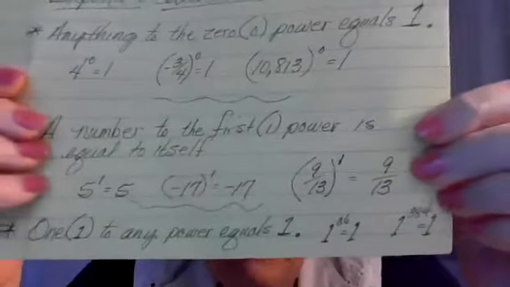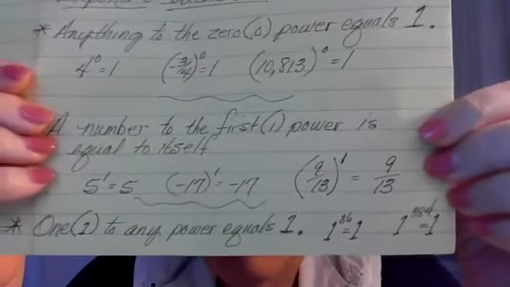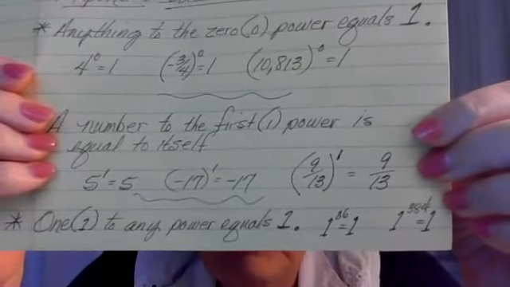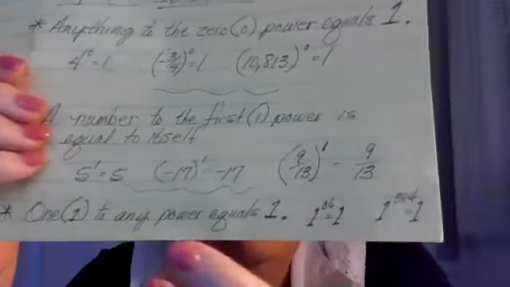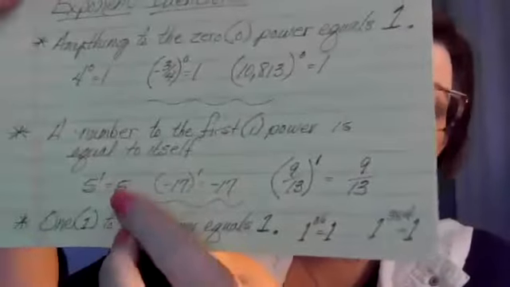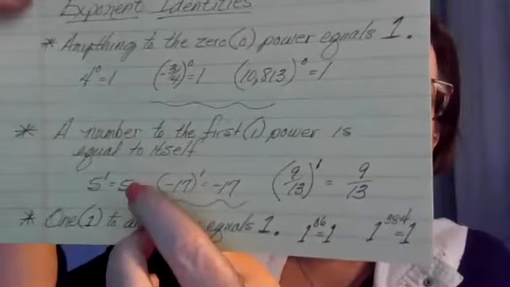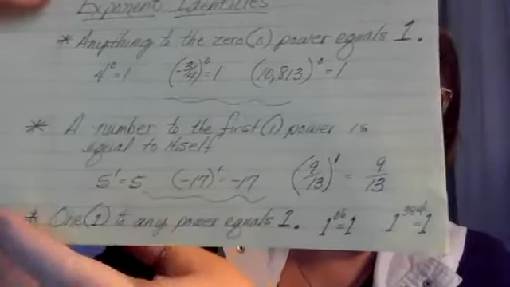Okay, now a number to the first power. If you see a number, and most of the time you will, I am so sorry. You'll see a number like this, just 5 or -17 or whatever.